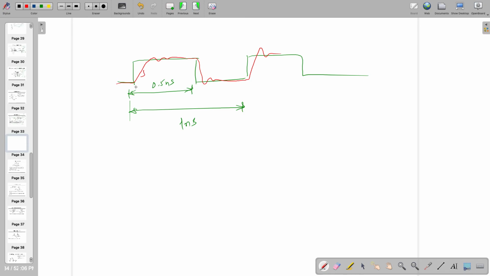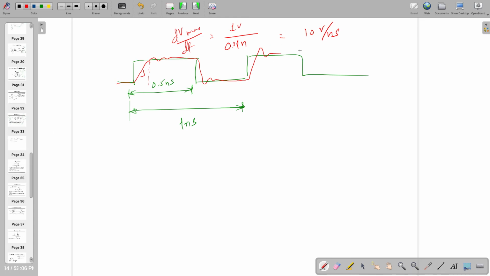You can make some budget and you can find out dV max by dt. So dV is already known to us, which is 1 volt, divided by dt. Let's make a budget of 0.1 nano. So 10 volt per nanosecond will be helpful. I'm making some budget. This might be some different number for your case. You can make an even tighter budget, say 0.01 nano. It will be difficult, but you can make some budget if you want, right?